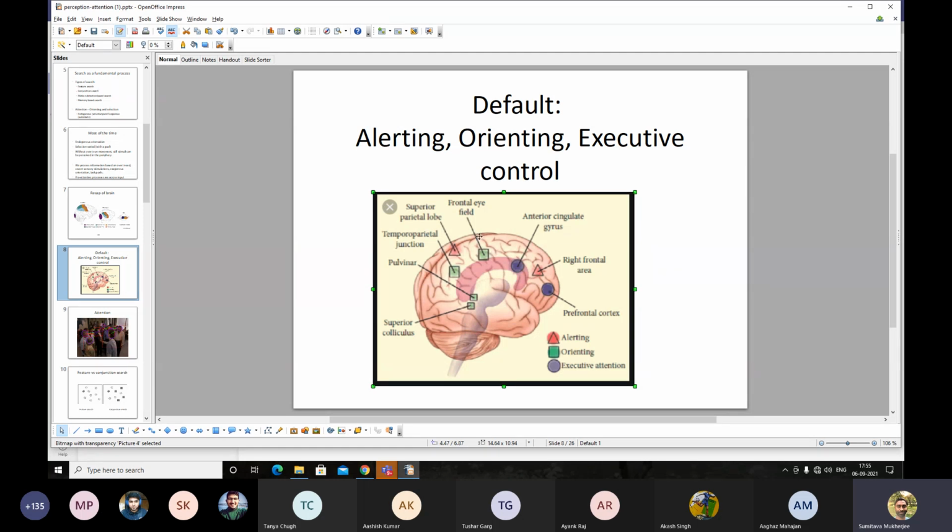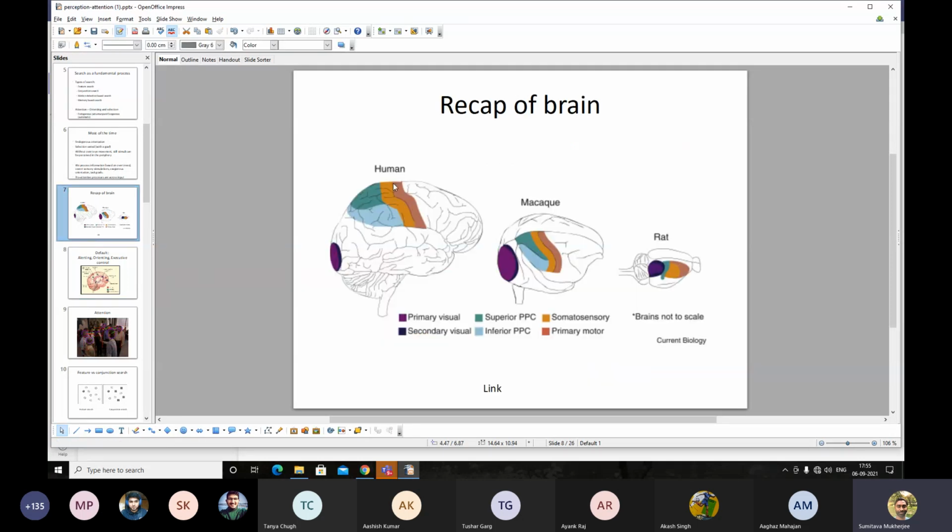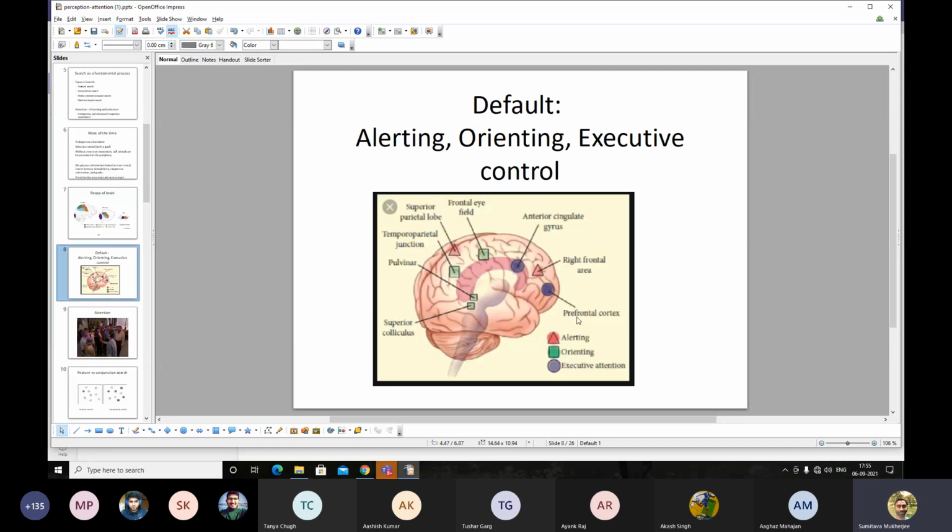That happens in the primary motor cortex, and also in your parietal cortex, both the superior parietal and the inferior parietal. Additionally, because you need to orient, you have to alert yourself. And if you alert yourself, you also need to tap on the parietal cortex here. So that is why you see alerting is happening both in the frontal area and the parietal area. Both parts of your brain are involved in it.